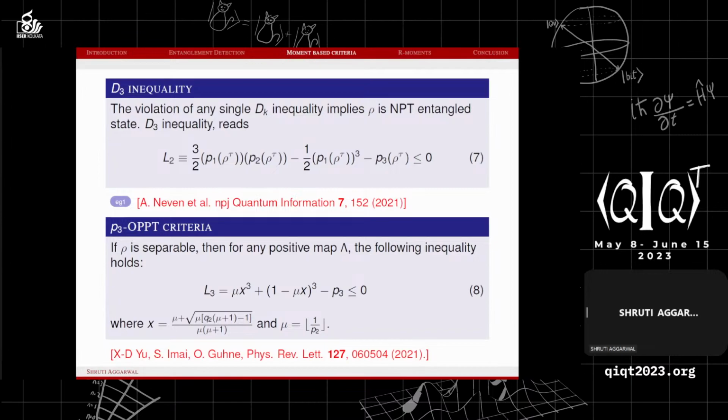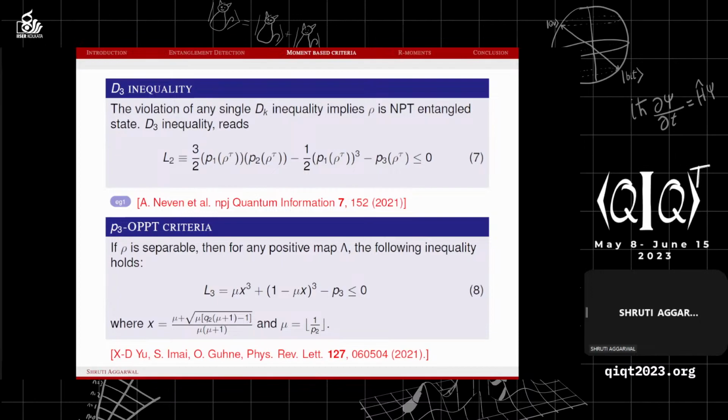A more optimal criteria was given again in the form of an inequality, dependent on this positive map lambda, and it holds for all PPT states. Since these inequalities are based on the partial transposition criteria, they can detect only the NPT states, not the bound entangled states.